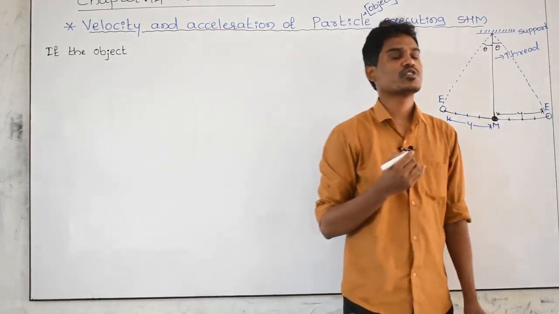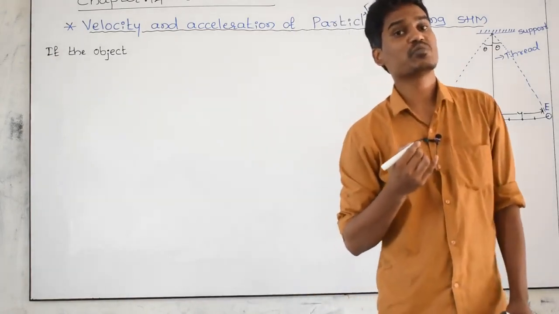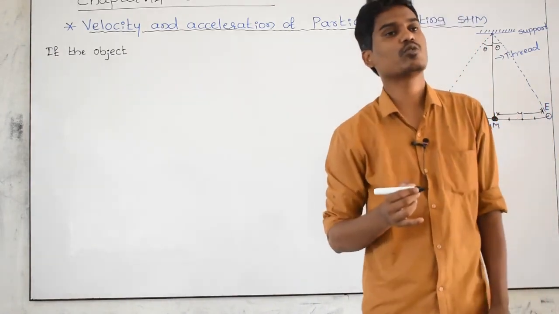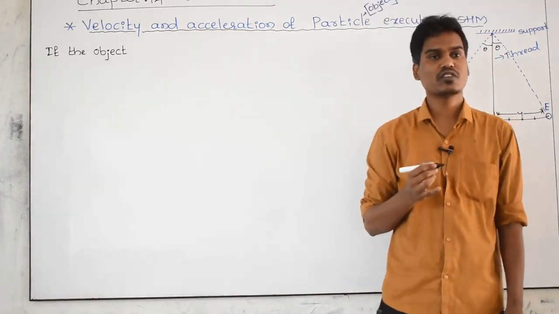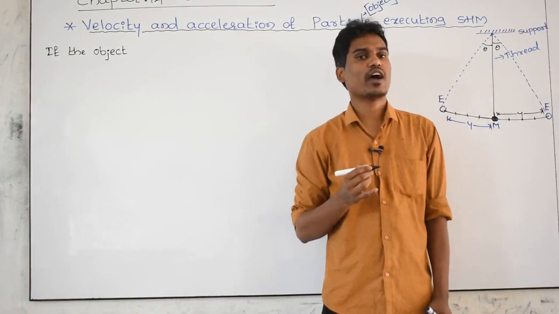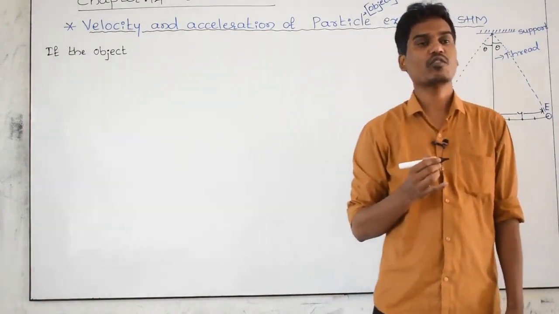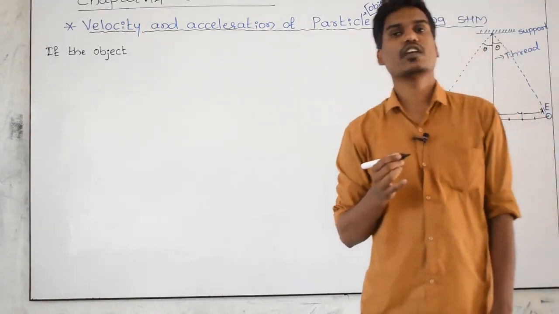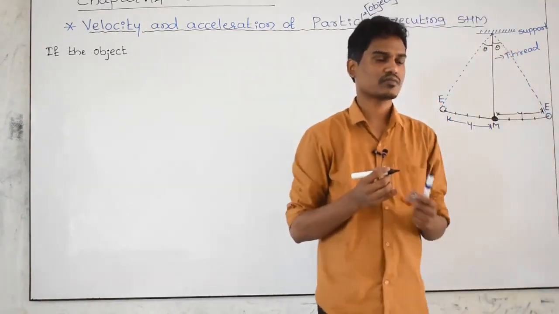Whenever the object is in simple harmonic motion, its displacement can be determined using two theoretical formulas: y is equal to a into sin omega t and y is equal to a into cos omega t.